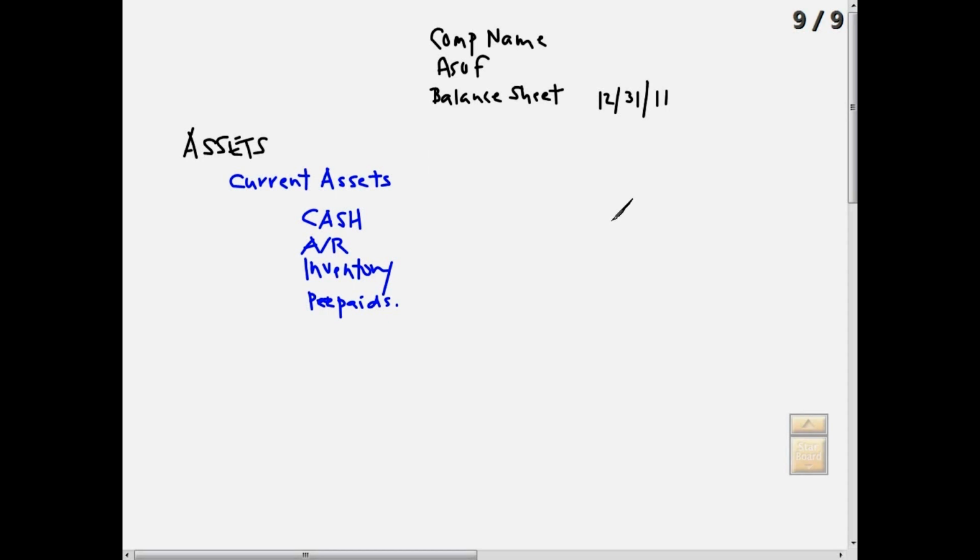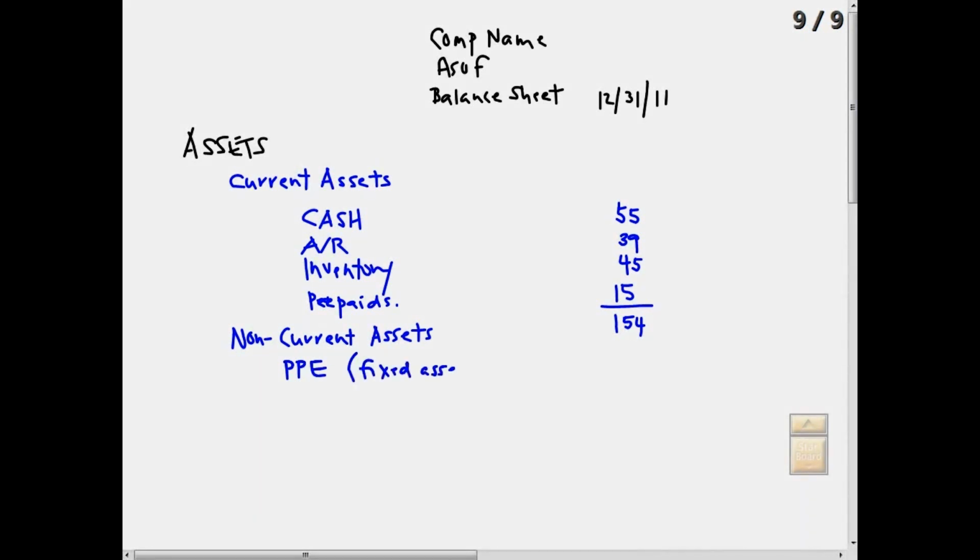Just what was my cash balance? $154. Then what? Non-current assets. What next? Property, plant, and equipment, sometimes called fixed assets. What are the components of my PP&E? Anything else?